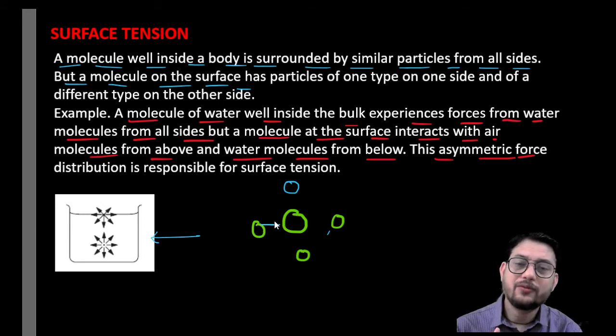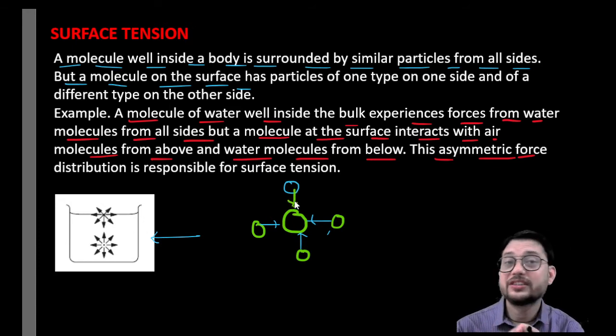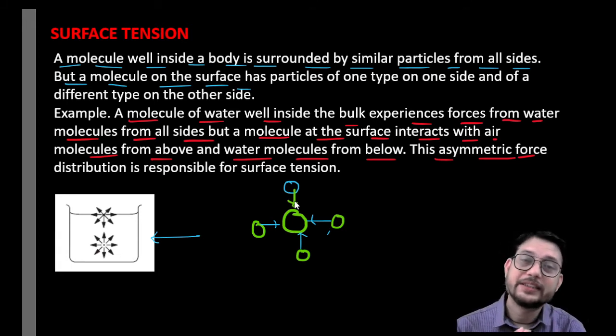So these forces will be different. I hope that it is now clear to all of you. So there must be some resultant force experienced by the molecule at the surface.